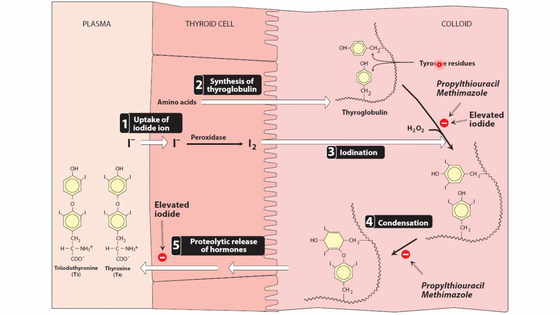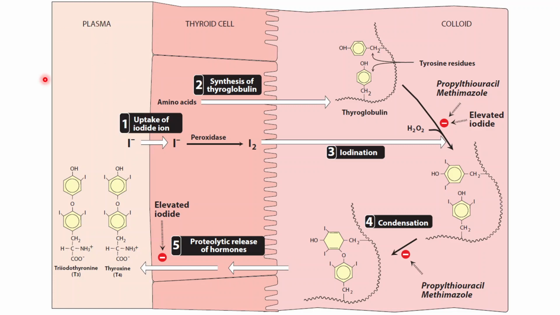These are propylthiouracil, which inhibits the iodination, and also methimazole sodium, and these drugs also decrease the condensation. And in the last phase, the release of the hormone is decreased by iodine.